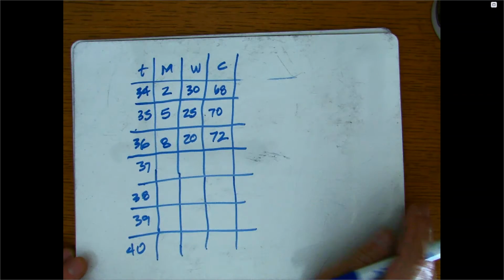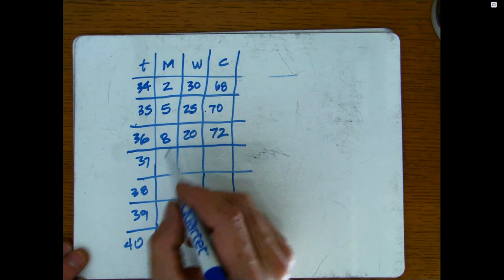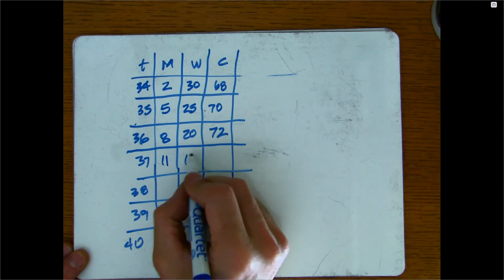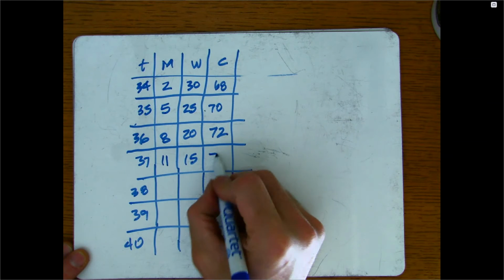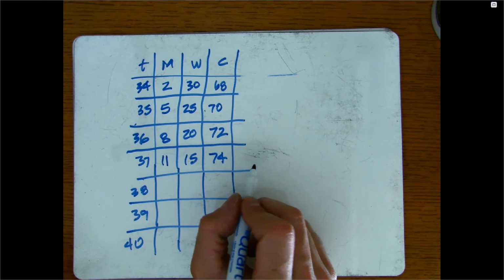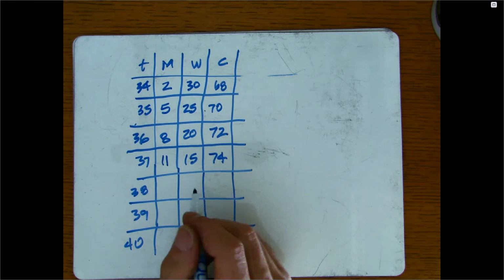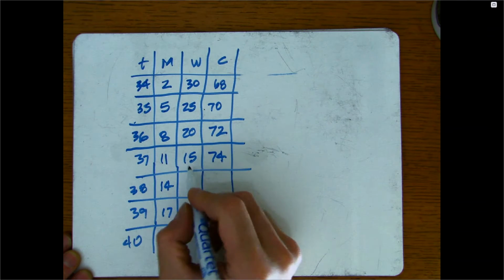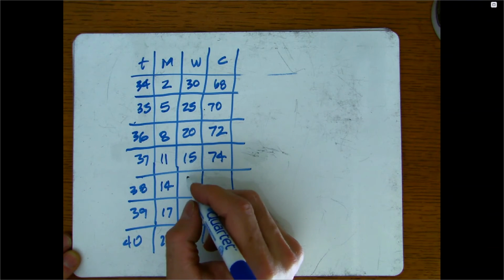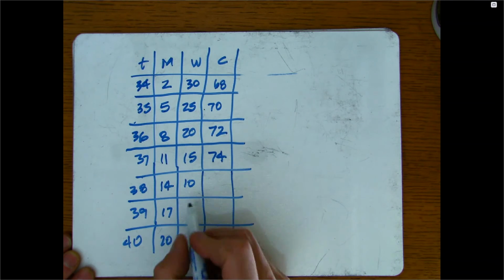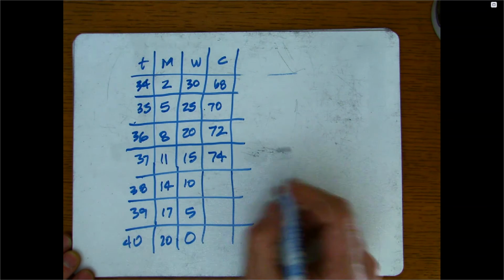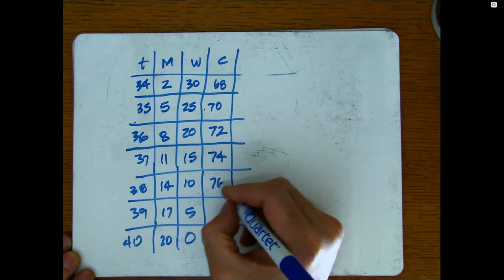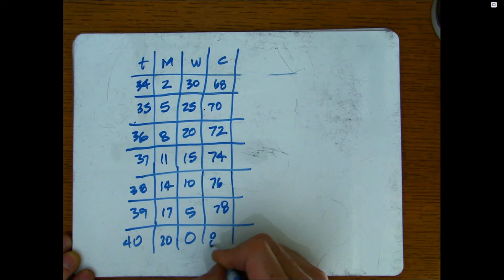So let's think about this as going up by 3, up by 3. So my guess for 37 would be 11, and I am correct because I already did this. And indeed, I think this will proceed arithmetically, so I'll just fill it out. 14, 17, 20, and for the women, I'd go down by 5: 15, 10, 5, and 0. And children are going to be 76, 78, and 80.